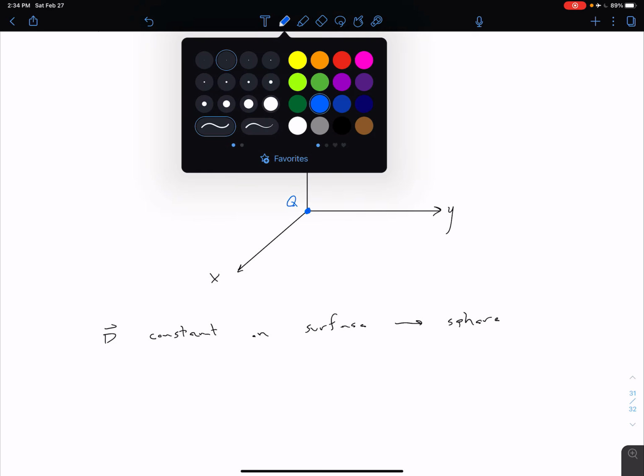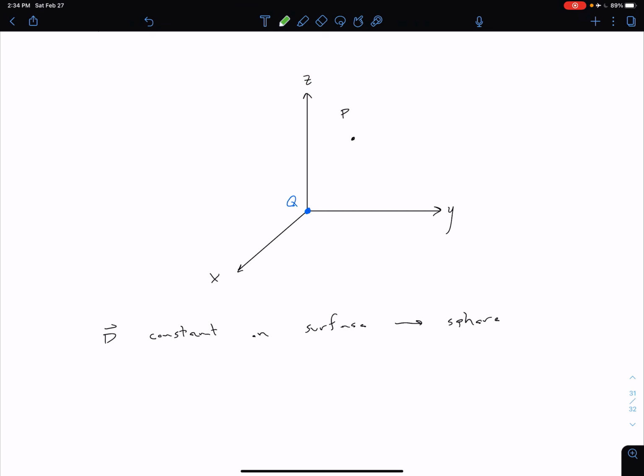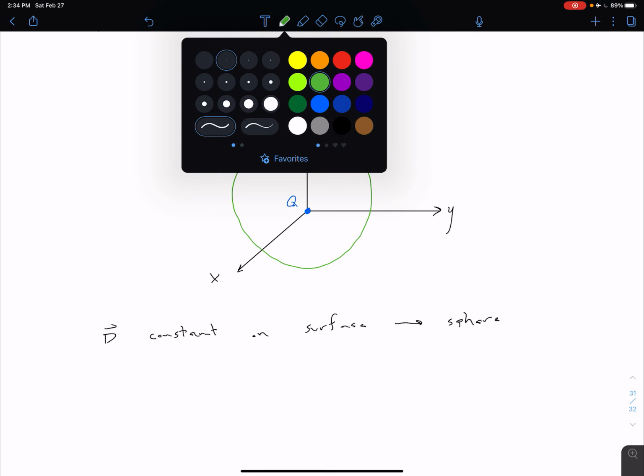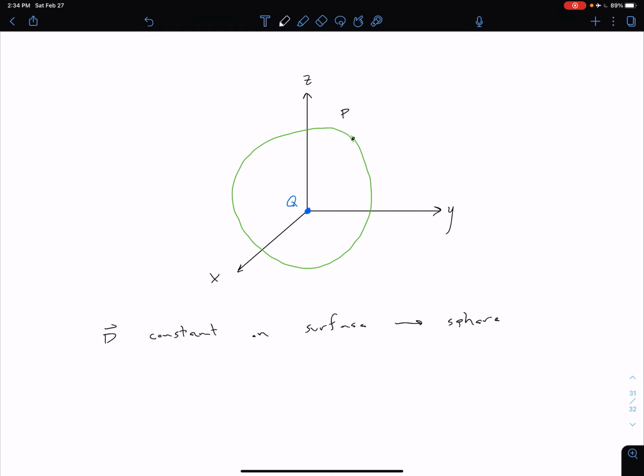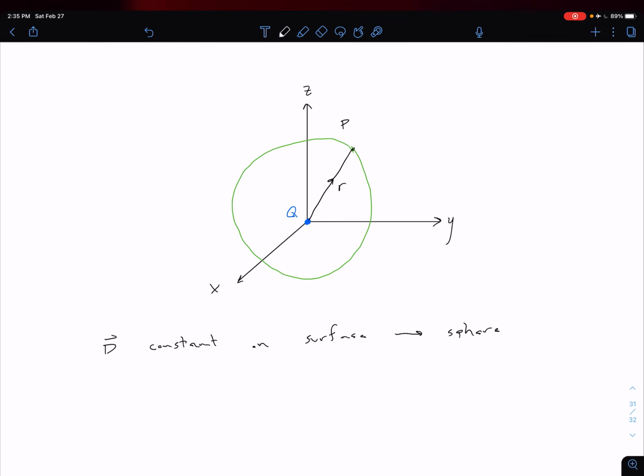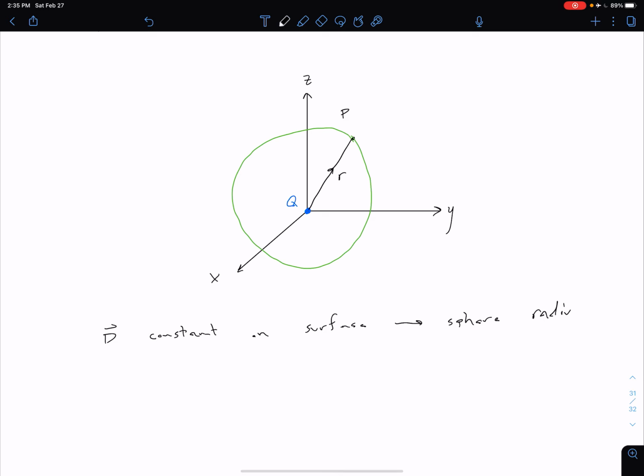So we've got some Q, and then let's say we draw a Gaussian sphere, and I'm really just going to try to do a circle, so you kind of have to use your imagination to fill in there. That green circle represents a Gaussian sphere, and the distance from our Q, which is at our origin, to our point P and any other point on the surface of that sphere is going to be r. So we can say sphere with radius r.